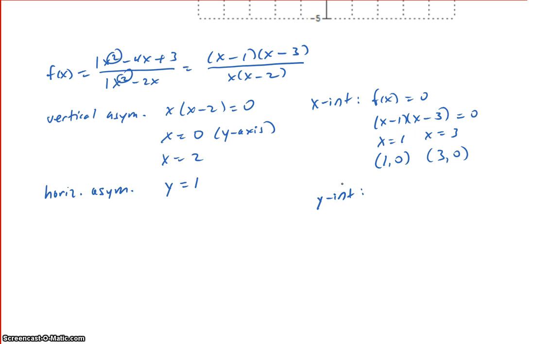So since x equals 0 is not in the domain of our function, there is no y-intercept. The graph does not cross the y-axis. After all, we already stated that the y-axis is a vertical asymptote, and the graph of a rational function can never cross or touch any of its vertical asymptotes. So there is no y-intercept for the graph of this function.